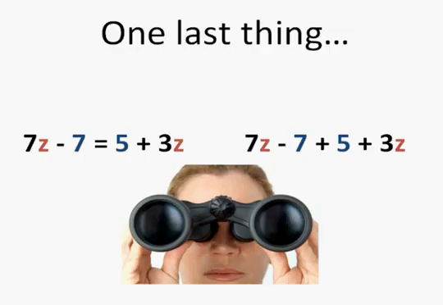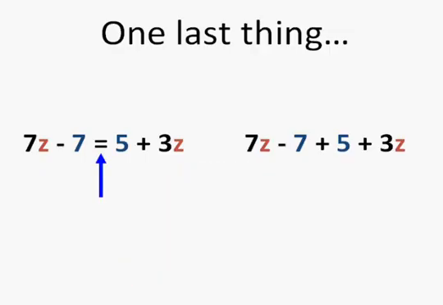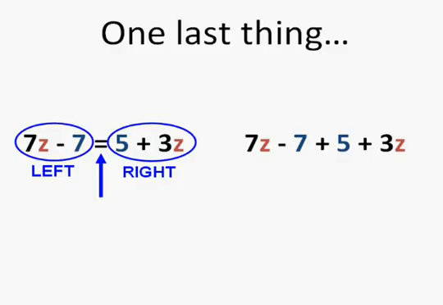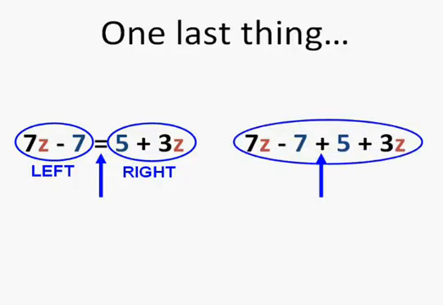Well, the one on the left has an equal sign. And since it has an equal sign, we know that it has a left side and a right side. On the other hand, this group on the right does not have an equal sign, so really, there's no left or right side. It's just a bunch of terms.